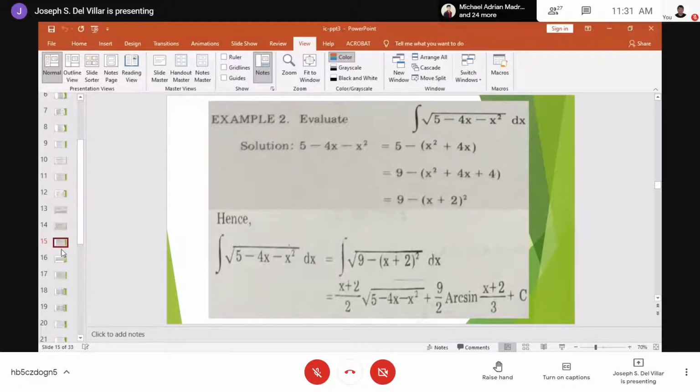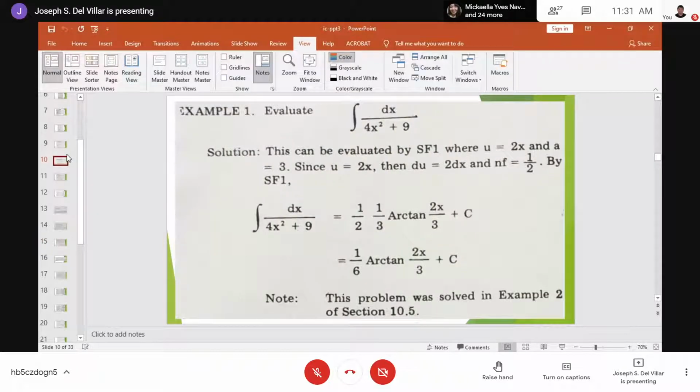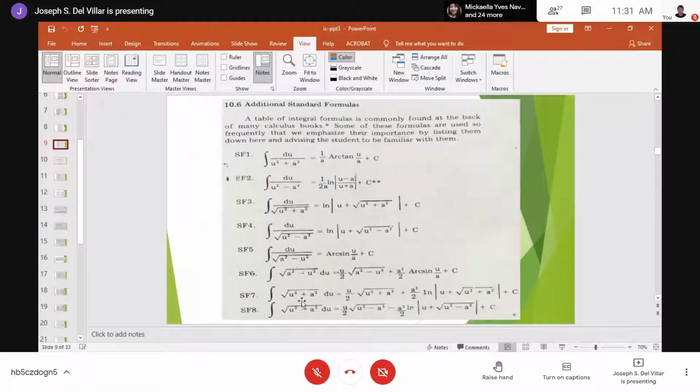So minus, no? Formula number 6. Okay? So you're going to apply the standard formula. You have u over 2 times the square root of a squared minus u squared plus a squared over 2 arc sine u over a plus c.